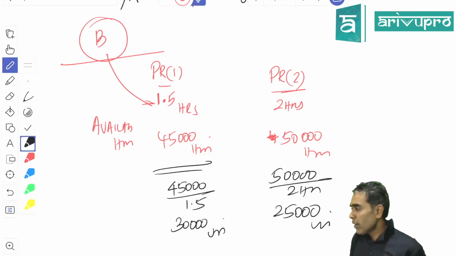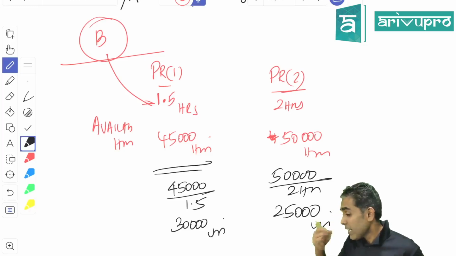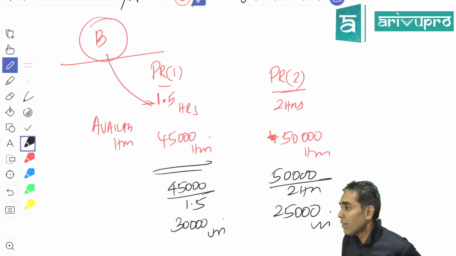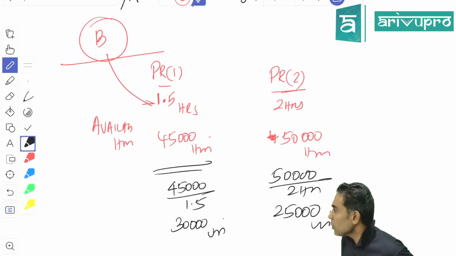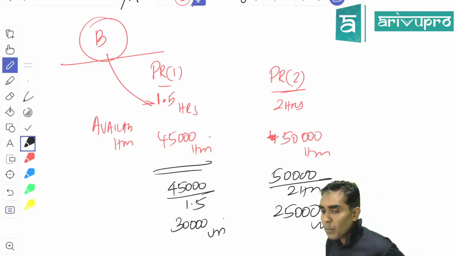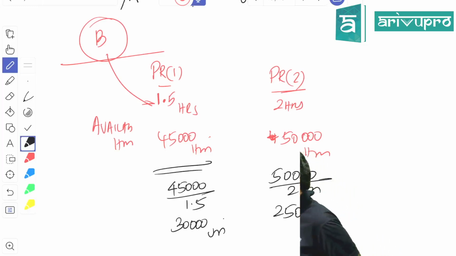Right now, in my study material, they have shared it with you through WhatsApp. There's one question under throughput accounting. Just take the page number, please.